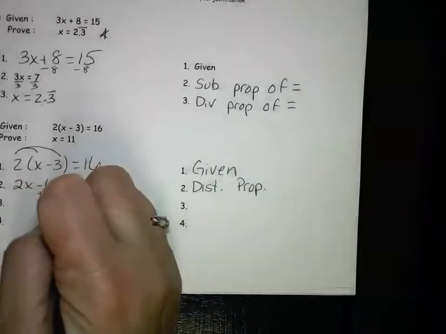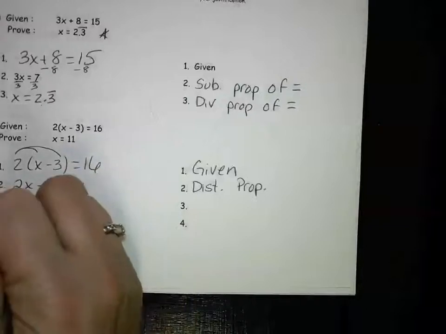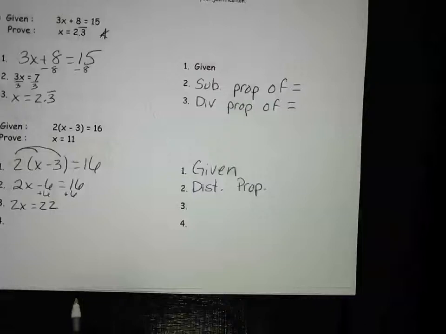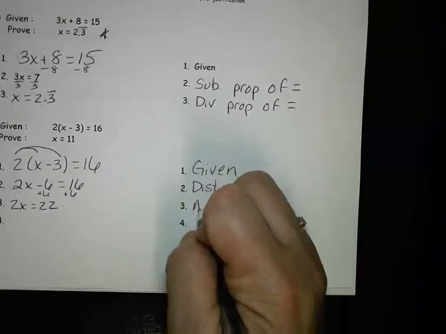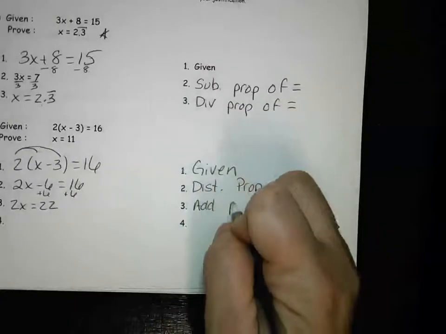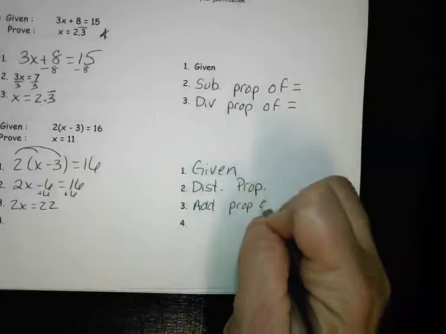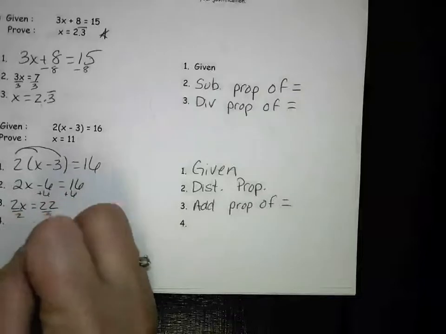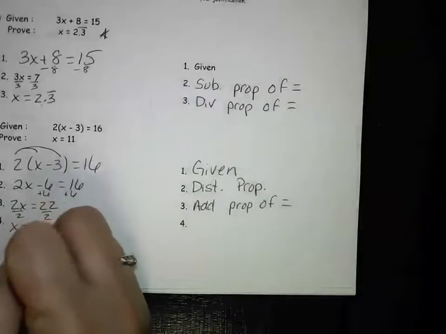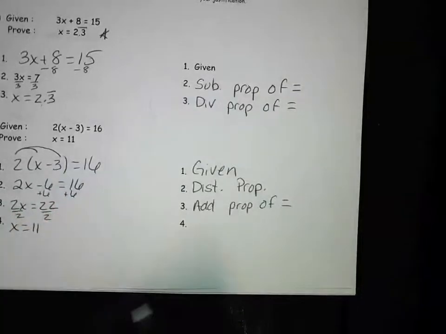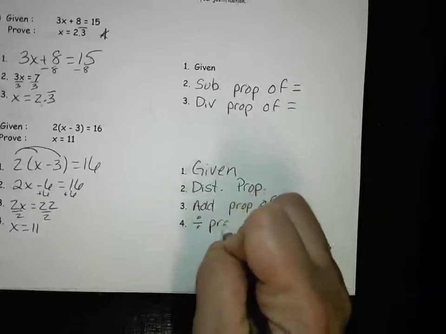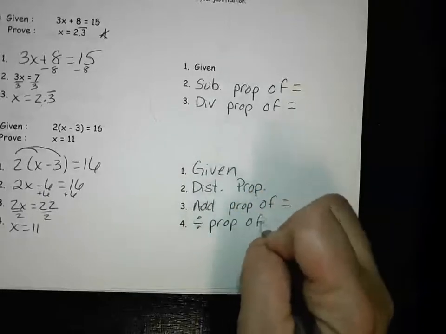From there you would add 6 to both sides, and you would have 2x equals 22, and we added to both sides, so that is the addition property of equality. And then you divide both sides by 2, and you have x equals 11, and that is the division property of equality.